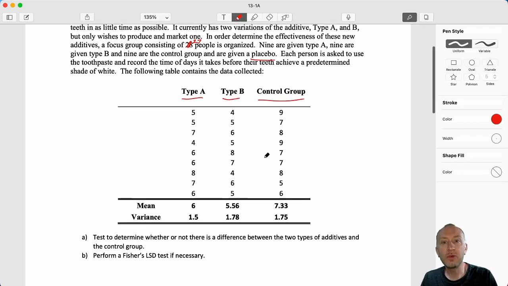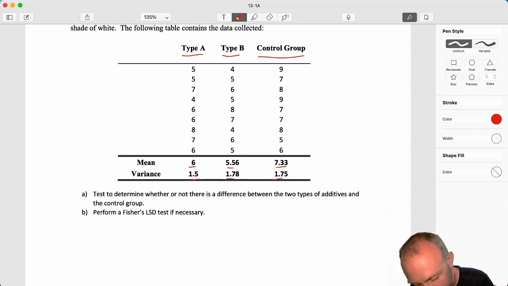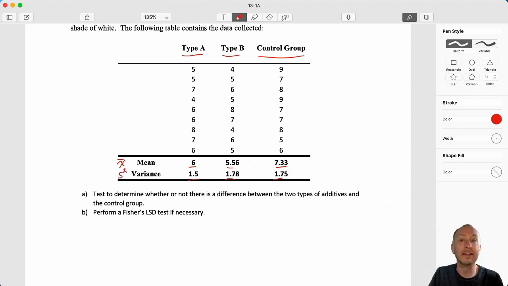Now, what you would normally have to do is calculate all of those sample means and those sample variances. So here, these are our X bars, and these are our sample variances S squared. So what we're going to do in this exercise, we start off stating our null and alternative hypotheses, same as always.